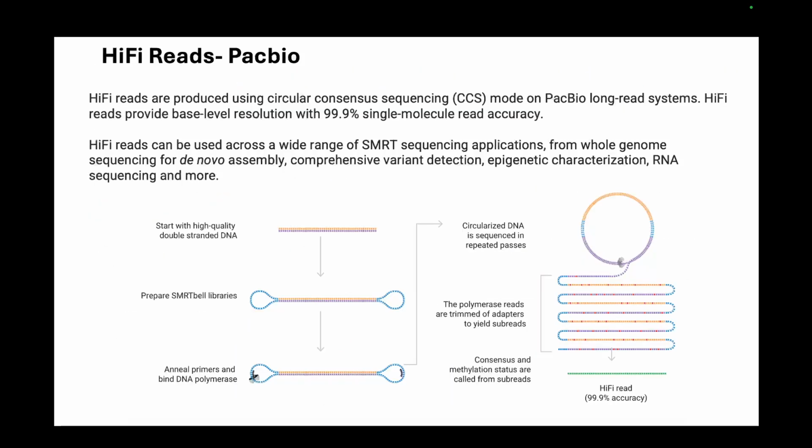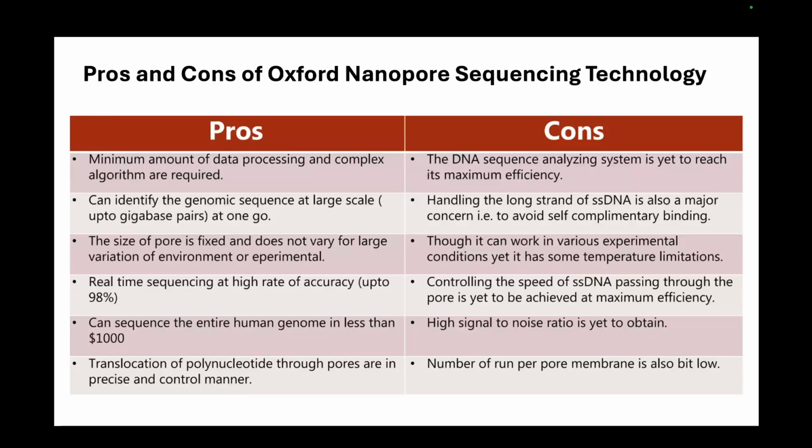But in Oxford Nanopore, you're directly inserting the DNA, and you're not synthesizing anything. You're just measuring what that particular nucleotide is, in terms of the amount of current it is blocking, which gives you the base that is present there.